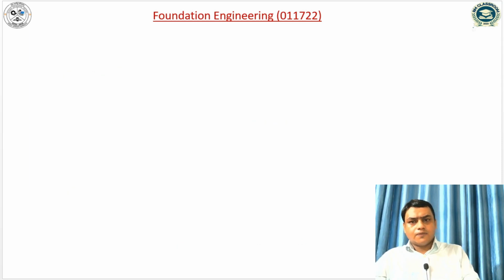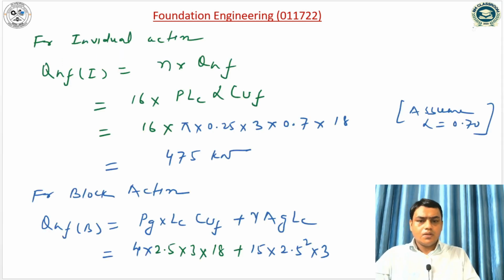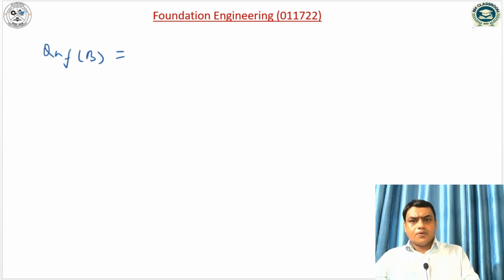So 30 into 18 plus 45 into 2.5 squared, it will be 821.25 kilonewton.